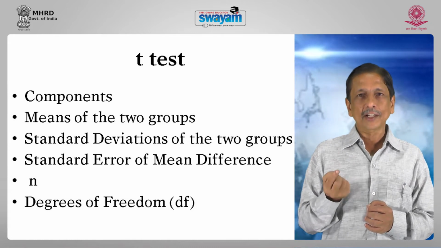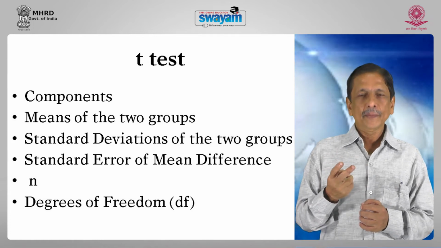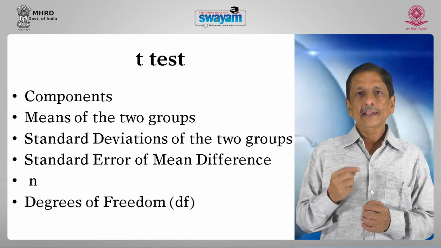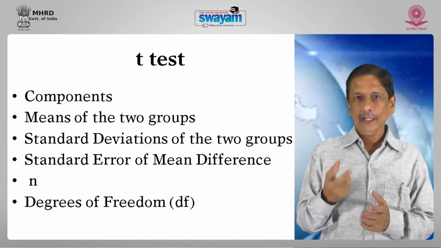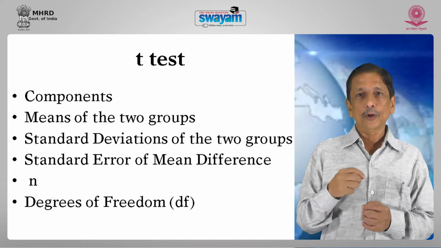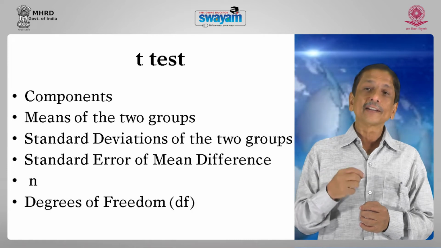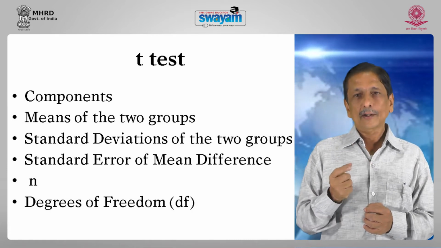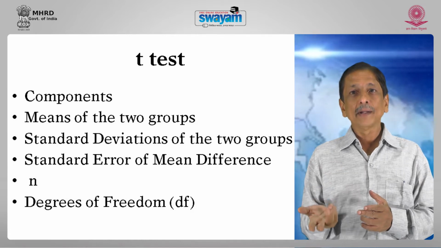The standard deviation is an important factor, and it has two components. Deviation from the mean can be in a positive direction or in a negative direction. That means an individual may score higher than the mean, or another individual may score lower than the mean. But the error component does not take into consideration the signs, plus or minus.